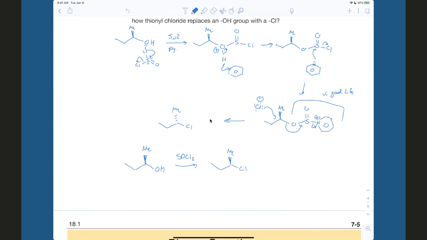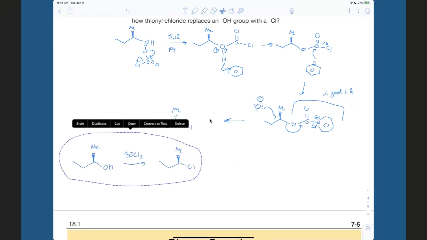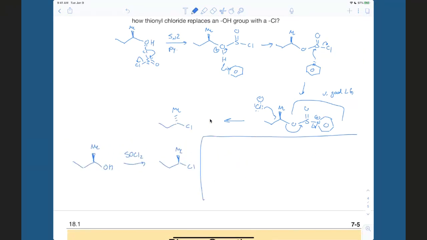And they say it has to do with it's sort of an intramolecular displacement from this sort of intermediate. It's kind of weird. PBr3 has a nice two-step mechanism. It happens in a very similar fashion. It's just a lot shorter.